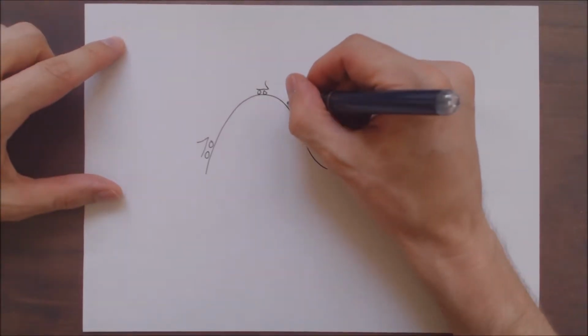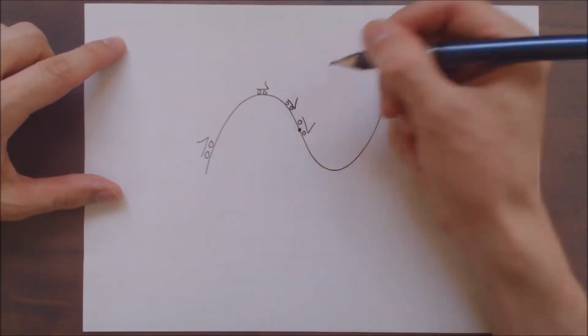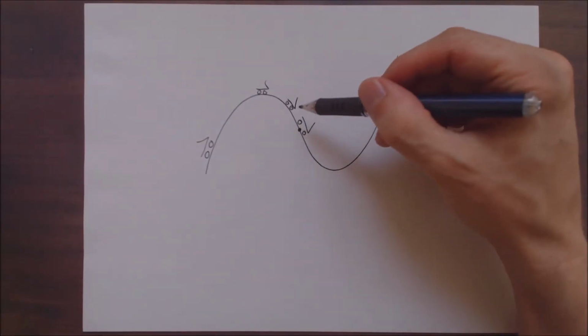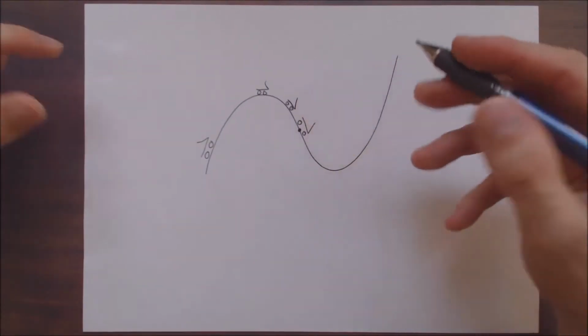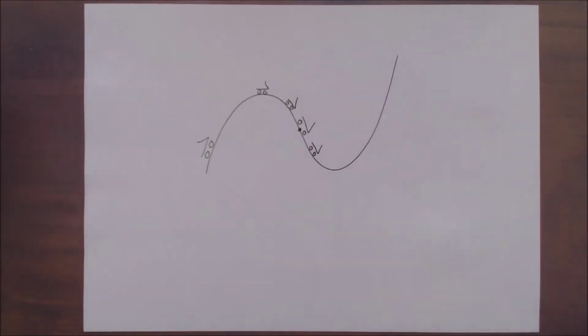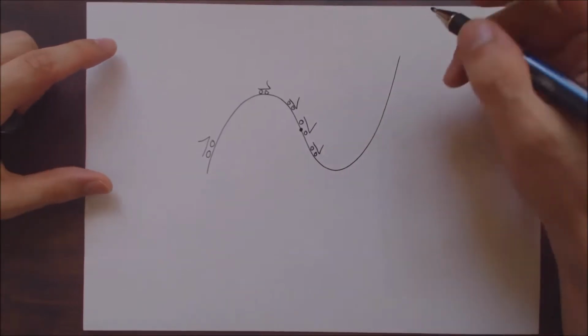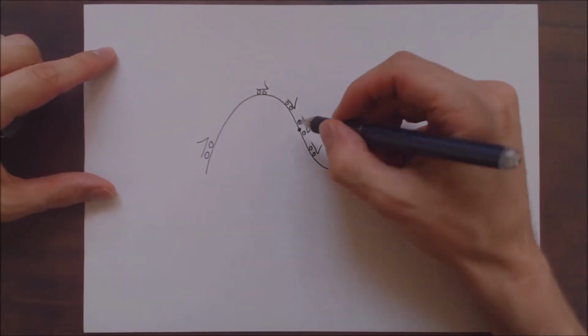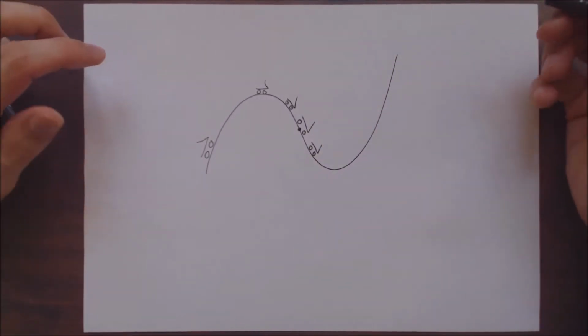Shortly before this point it's also negative, but the cyclist is not that steep. And also shortly afterwards the cyclist has negative slope, but it's not so steep. The steepest slope is at the point of inflection.